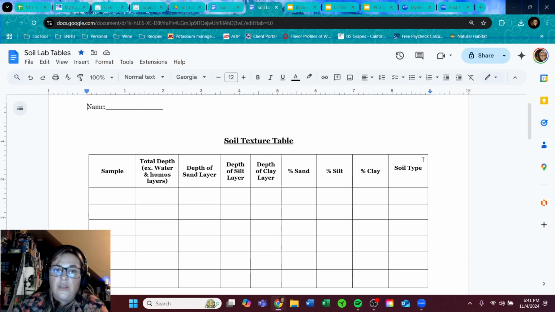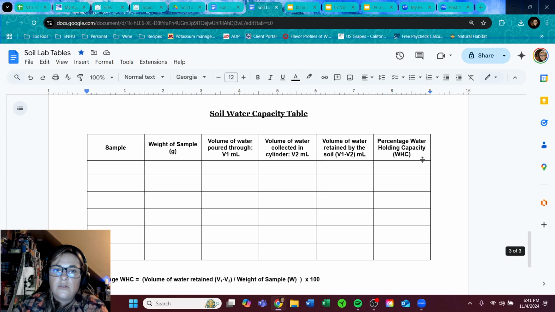For that, we used this table right here, and we used this calculation. It was the volume of water retained, which was the difference between the total water that you poured and what went through. So the water retained divided by the weight of the sample times 100. That was the percent water holding capacity.